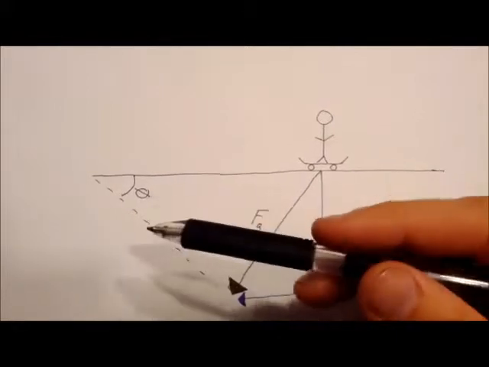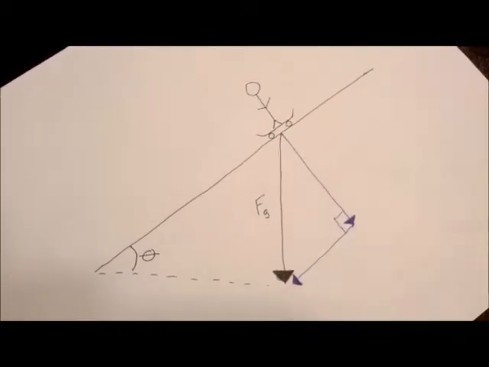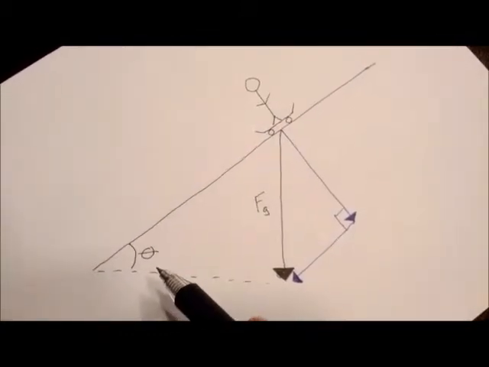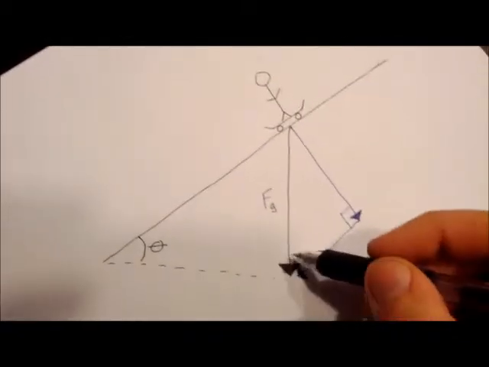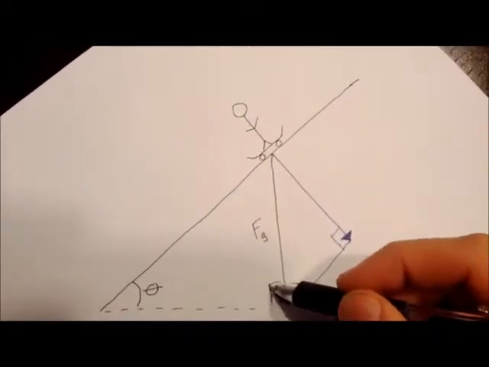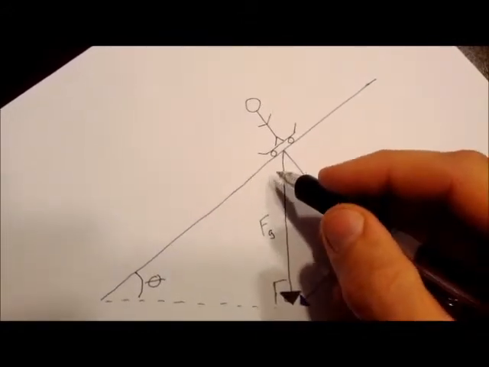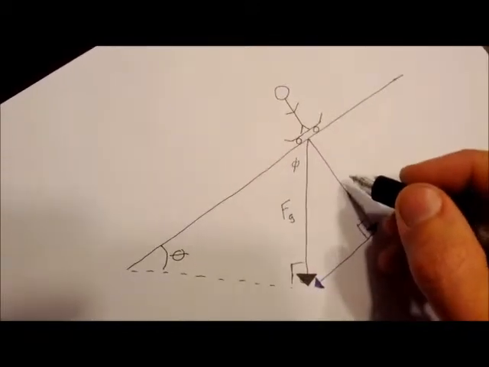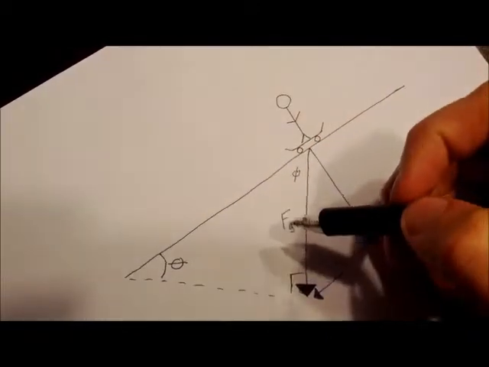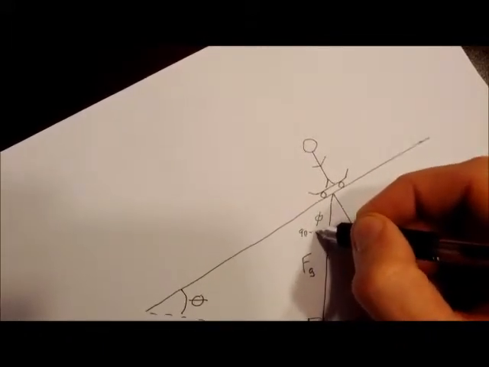First of all, I said this hill is at a particular angle, theta. Now if I make this into a big triangle, where that is 90 degrees, I find out that this angle up here, I'm going to call this phi, is actually 90 minus theta.